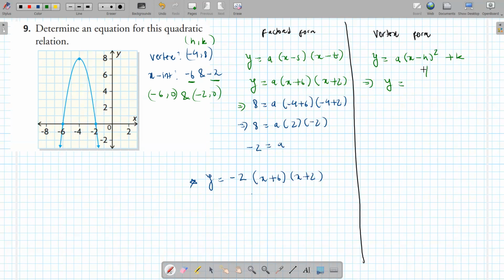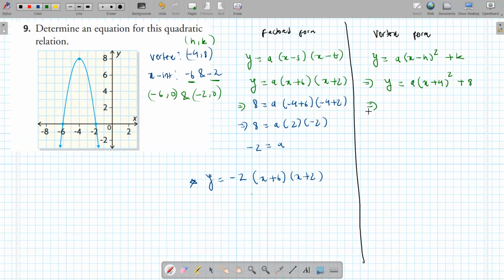Plug h as -4 in here. What does the first bracket become? X plus 4, just x plus 4 squared, and your k value is 8, right? And again, we're trying to find a.